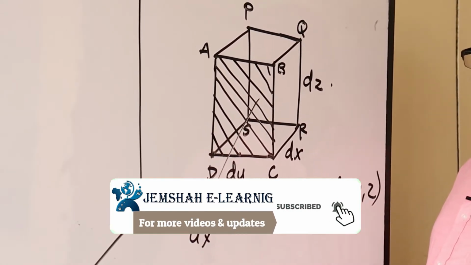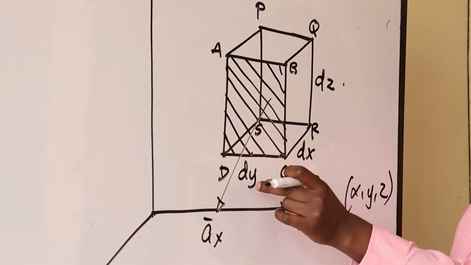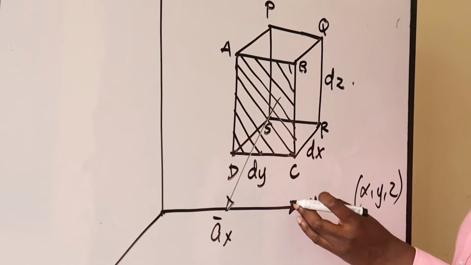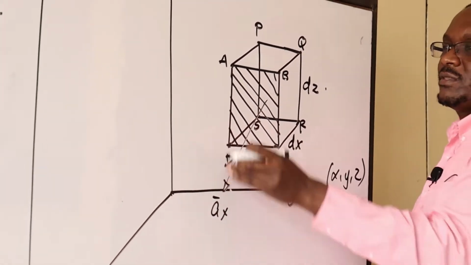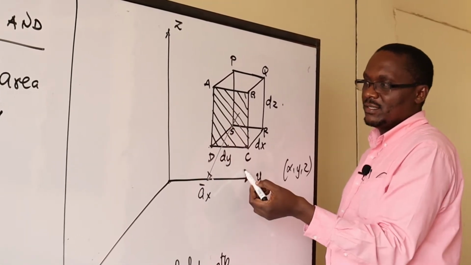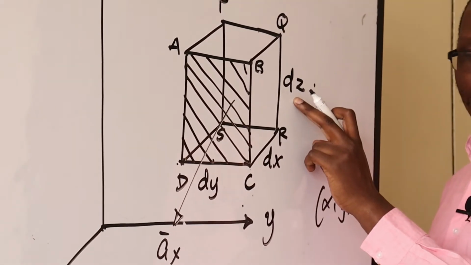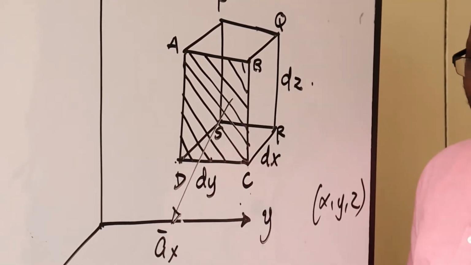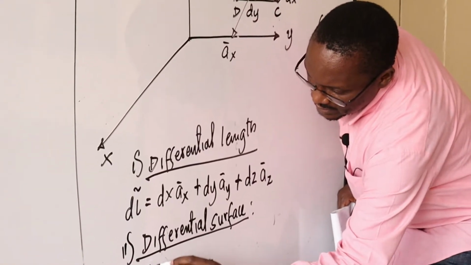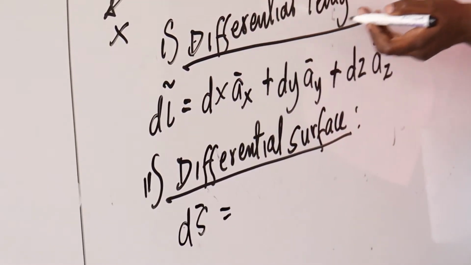Surface is area, so basically we have to multiply length times the height or the width. My length here is DC, my height is BC or AD, which is the same as dz. So if I'm looking at that particular surface, then along ax, I'll say that dS bar, where S stands for surface, just as L was supposed to represent length.